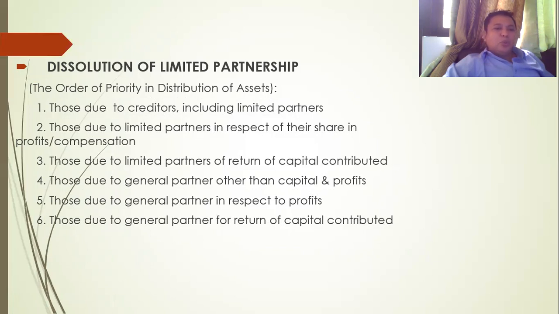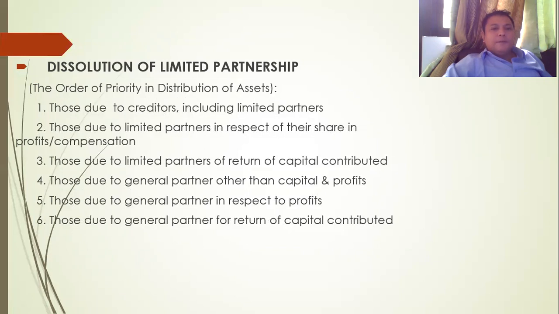Number two, those due to limited partners in respect of their share in profits or compensation. So if a limited partner has a share in the profits or his compensation, then he is number two. Third in order of priority are those due to limited partners as a return of capital contributed.